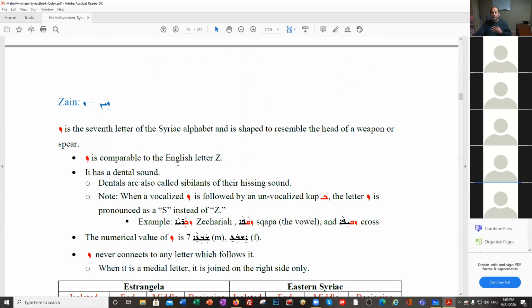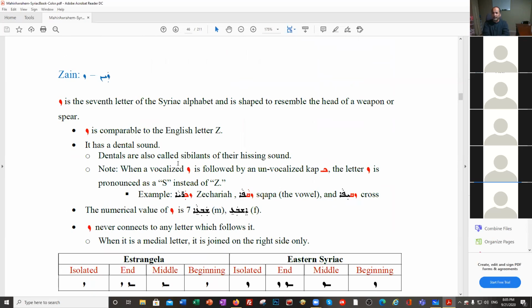The last letter in this group is Zain. Z in English. When Zain is followed by one of two letters, kap or k, the letter Zain sounds like S. If you remember skapa, that's what comes next.